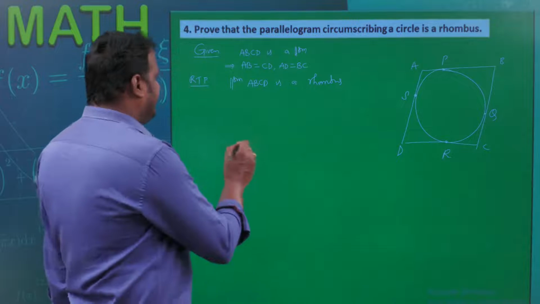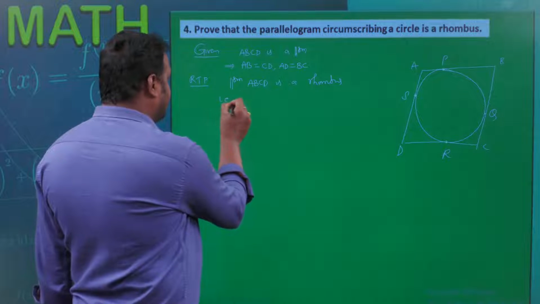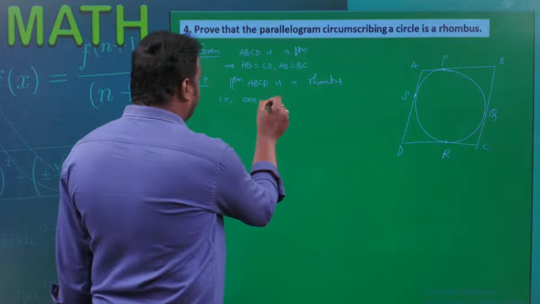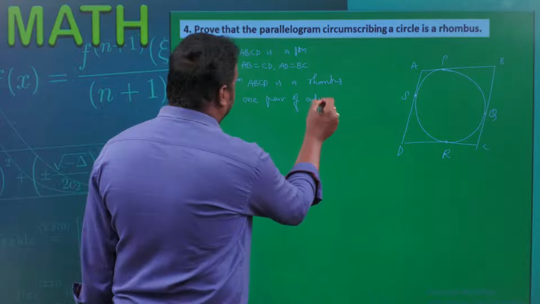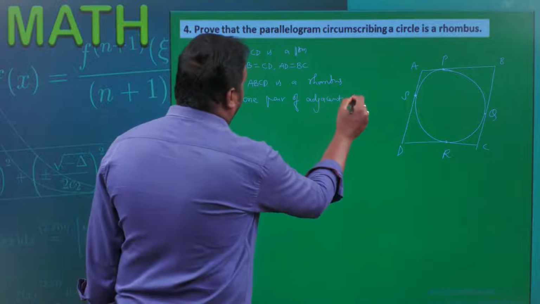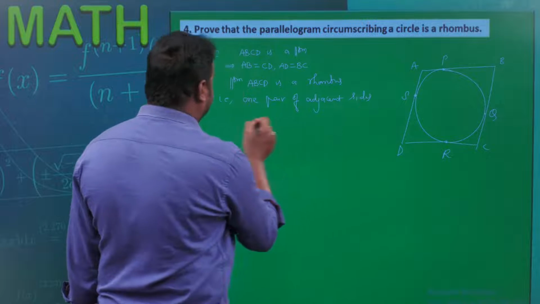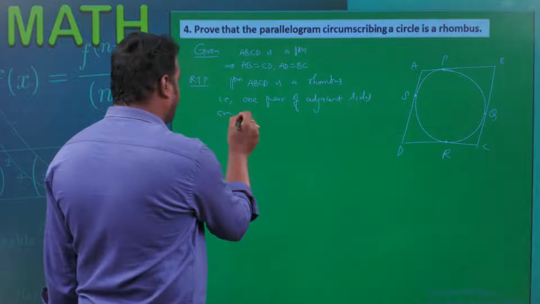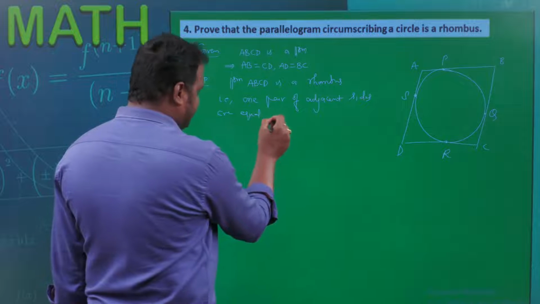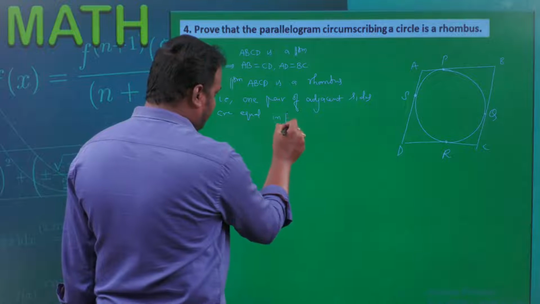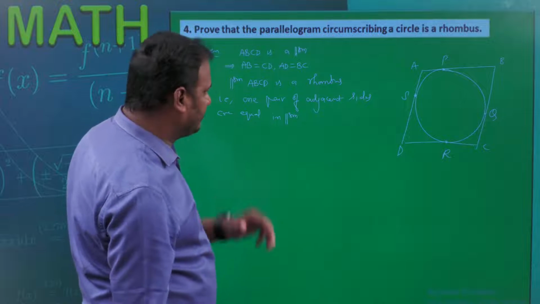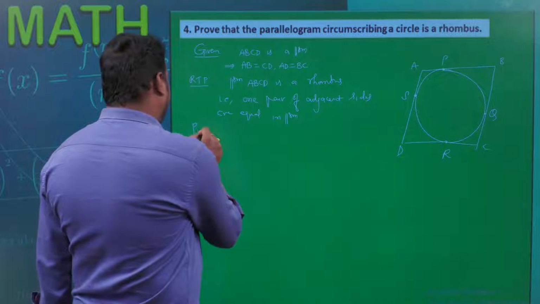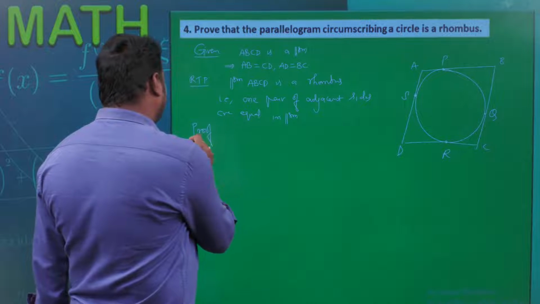So that is one pair of adjacent sides are equal in a parallelogram. So how do you prove that one pair of adjacent sides are equal in a parallelogram? For that, I am going to do one thing here.